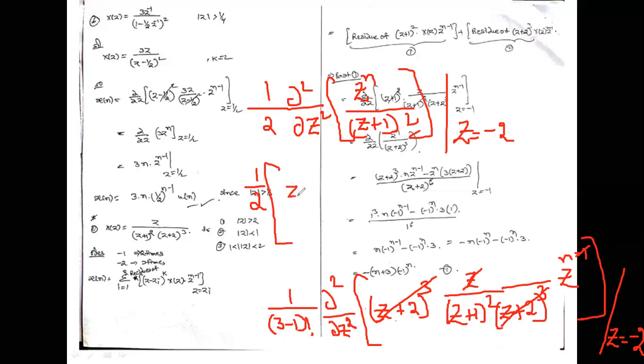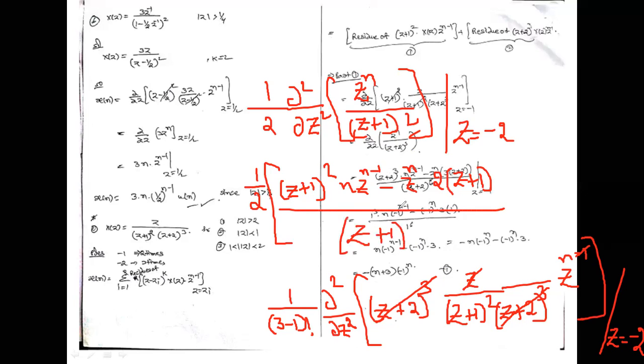Denominator z plus 1 whole square, and n into z power n minus 1, minus v, that is nothing but z power n, and denominator is 2 into z plus 1, whole divided by z plus 1 whole square and whole square, that is nothing but the 4 will get, at z is equal to minus 1, minus 2.